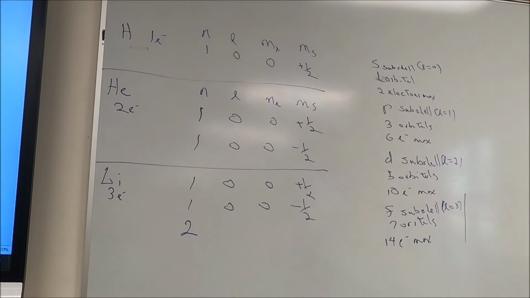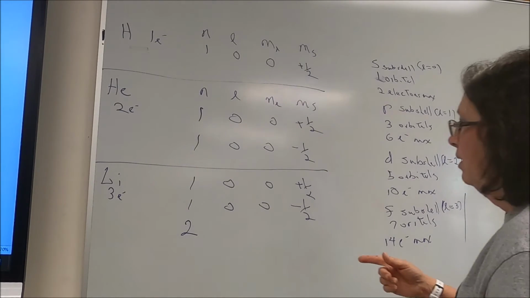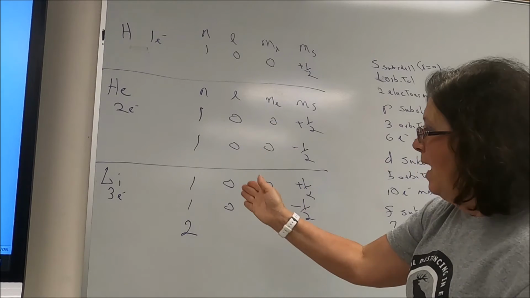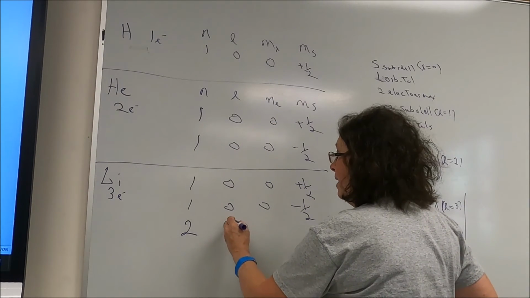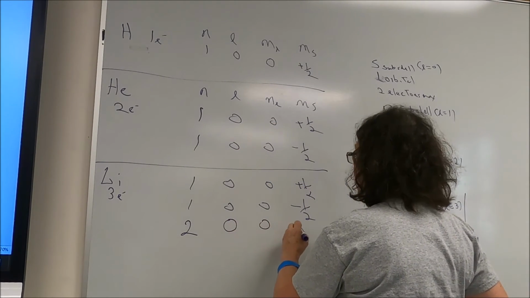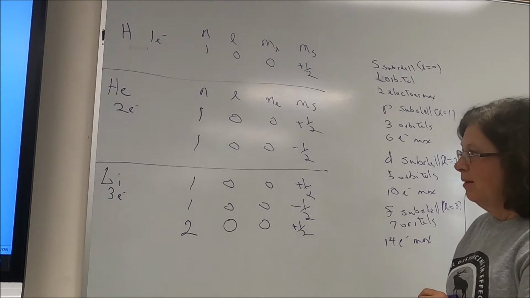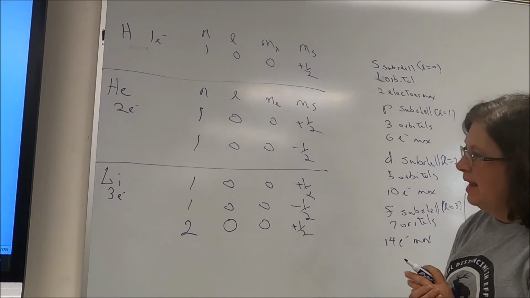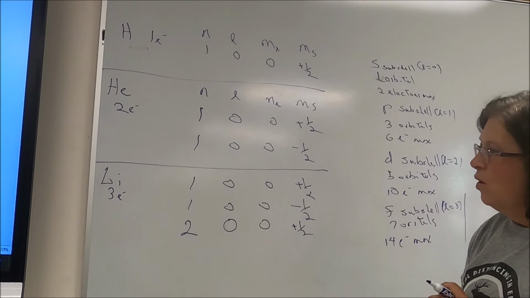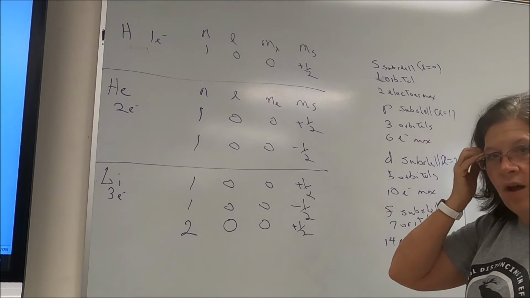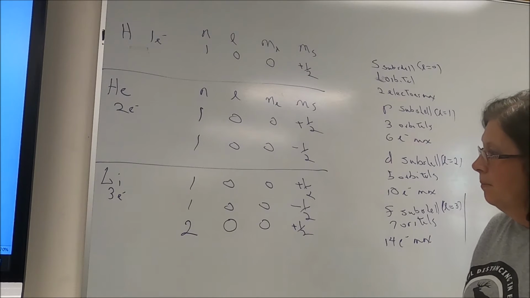Now if we look at our diagonals, 2s is next. So that tells me that I have a 0 here and a 0 here, and we always go with plus a half first, up spin. So here's the set of 3 quantum numbers for the 3 electrons in lithium.